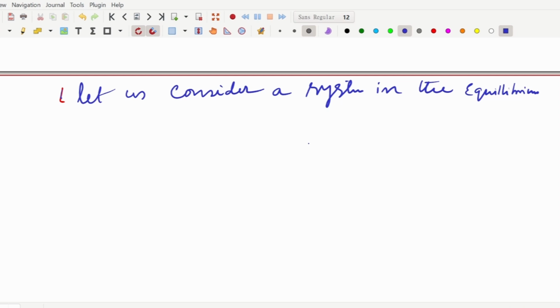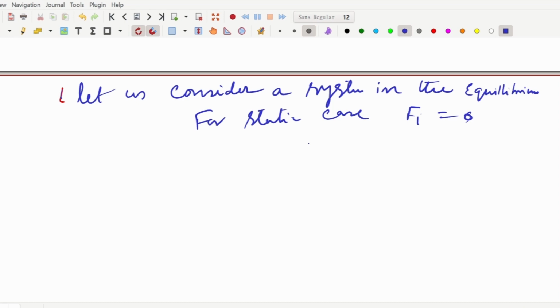For a static case, for static equilibrium, the applied force has to be 0. Total force on the ith particle, suppose there are many particles, will be 0, for i equal to 1, 2, 3, 4.